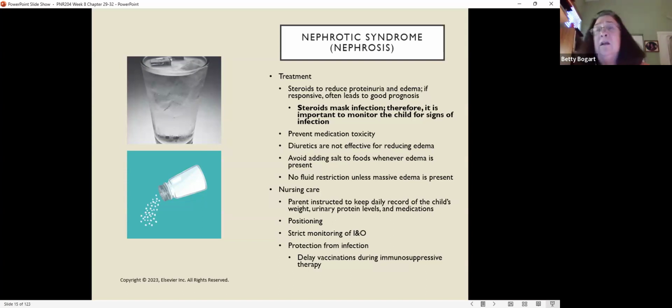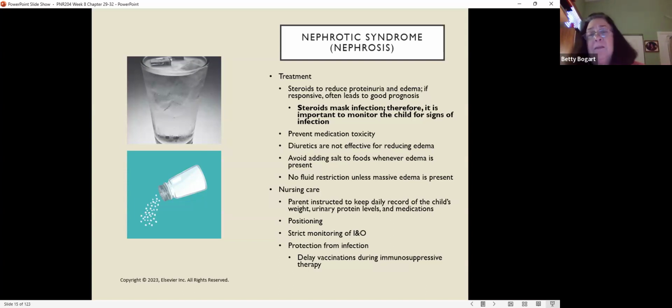Other swelling, due to congestive heart failure, yeah, all that extra fluid, your diuretics will work. In this case, no. Actually, what they do is they give IV protein, albumin, and that goes into the blood system and it pulls out the fluid from the interstitial space and then they urinate it.